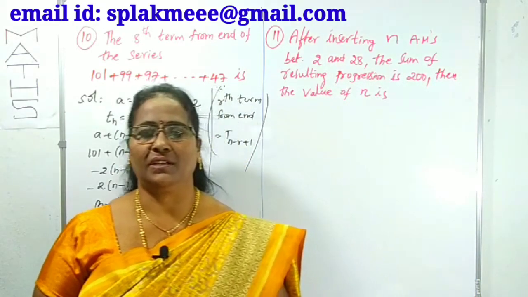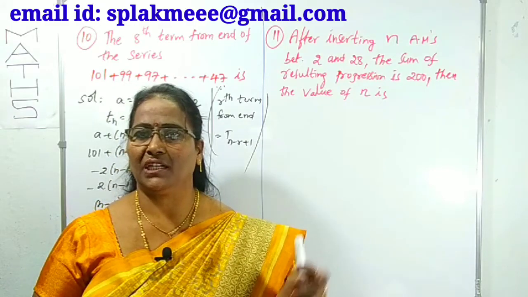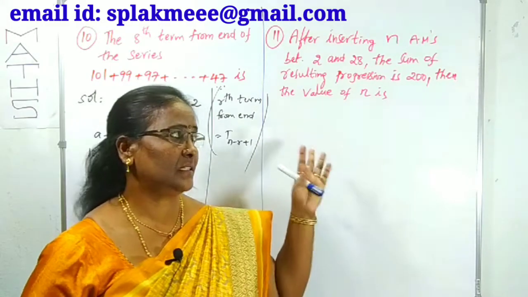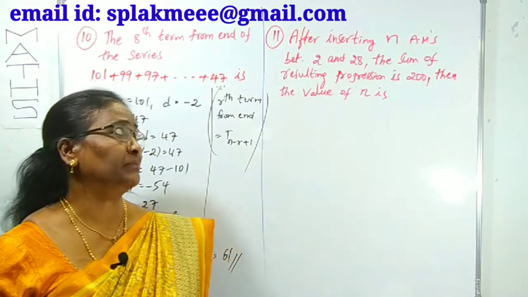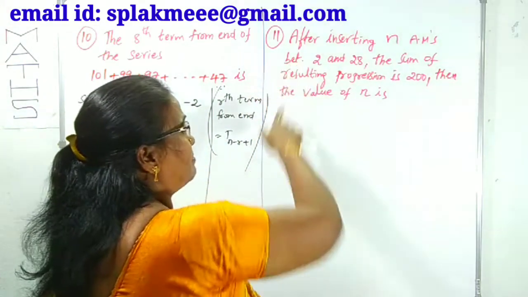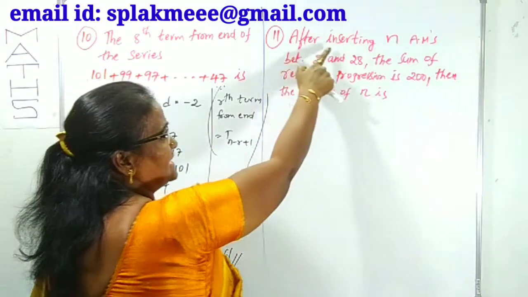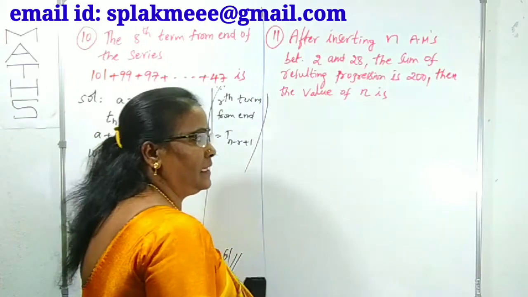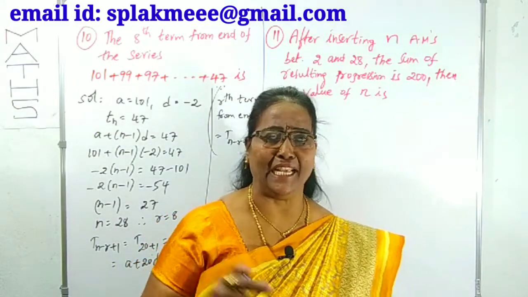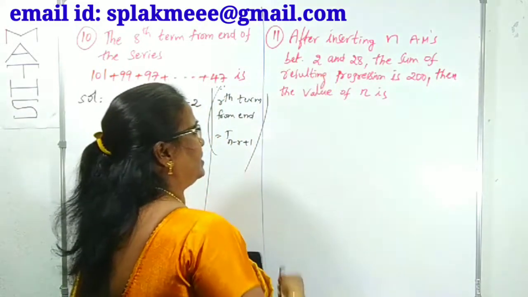Already I discussed what AMs are and the various properties of AMs. This depends upon AMs. AM means arithmetic mean. Now in this question number 11, what is given? After inserting n AMs between 2 and 28. How many AMs are inserted? n AMs between the two numbers 2 and 28.